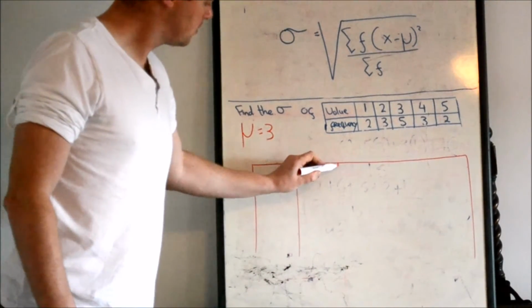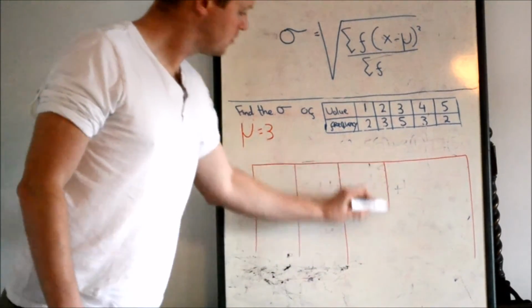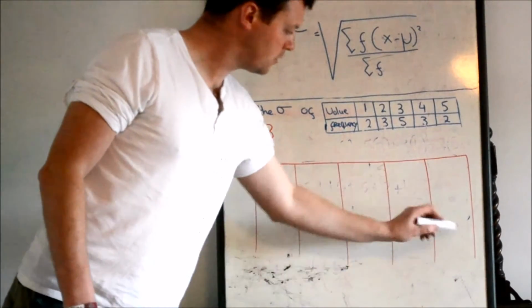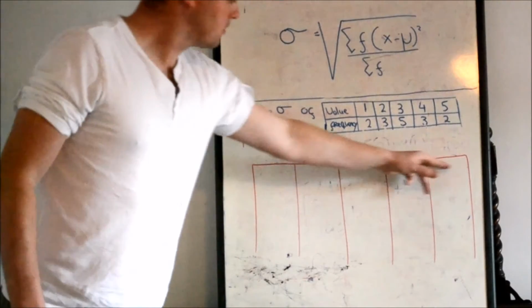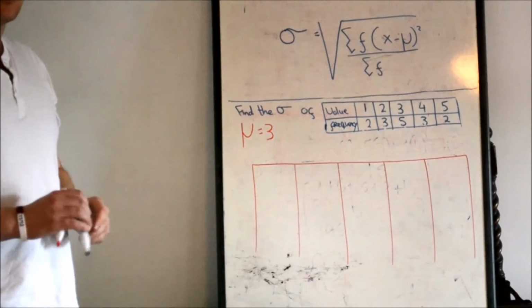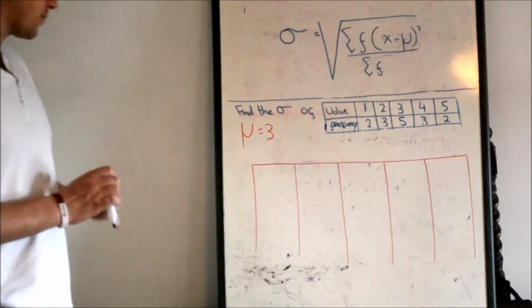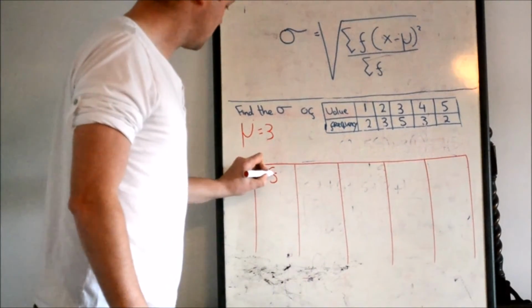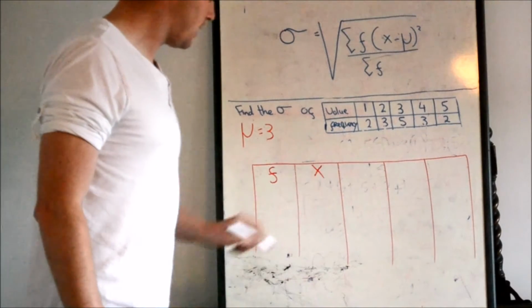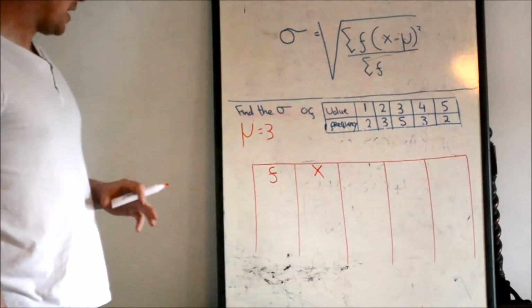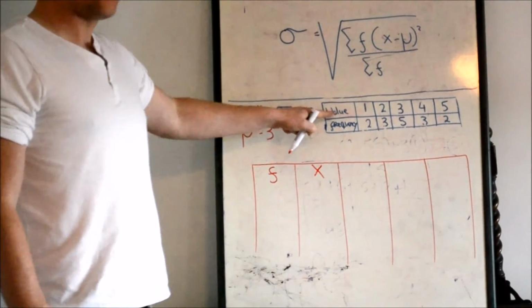One, two, three, four, 5. And you're going to have to learn this off by heart, okay? What goes on the top row of each column, okay? There's no simple way about it, you just have to learn it. So here we go. F, which stands for the frequency. X, which stands for the value.